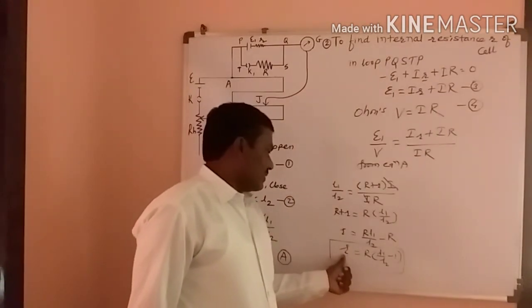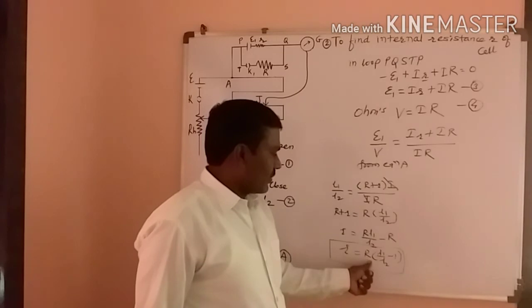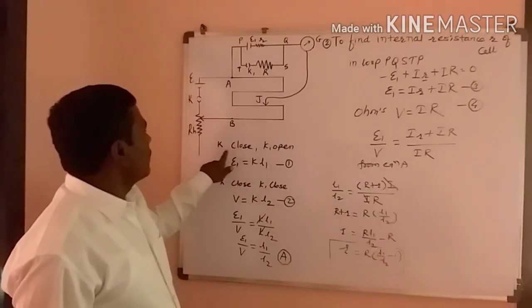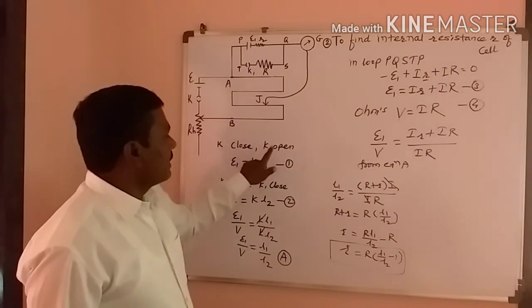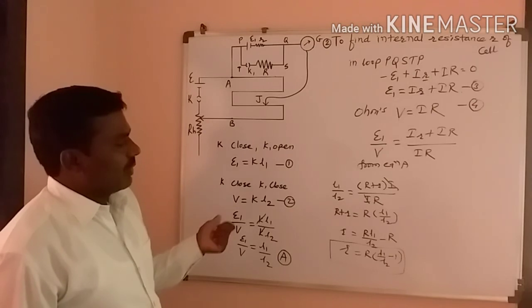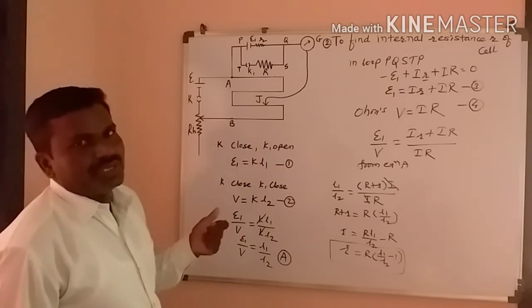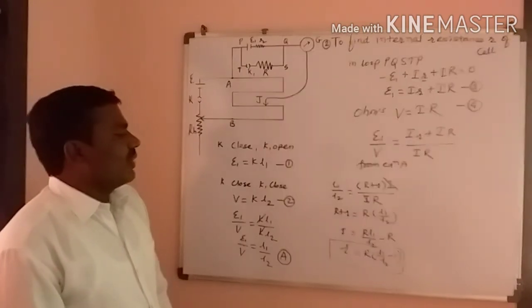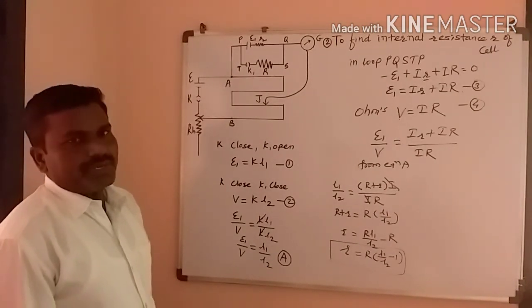R is the resistance from the resistor box, L1 is the balancing length when K is closed and K1 is open, and L2 is the balancing length when both keys are closed. From that we find the internal resistance of a cell, r is equal to R into L1 upon L2 minus 1. Thank you.